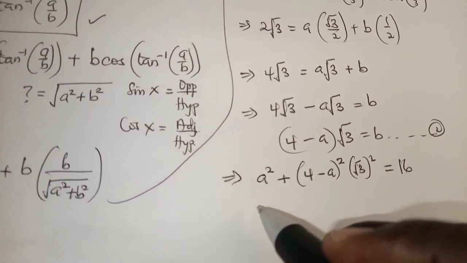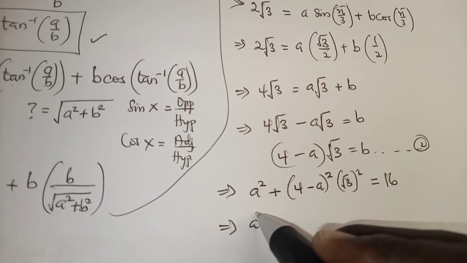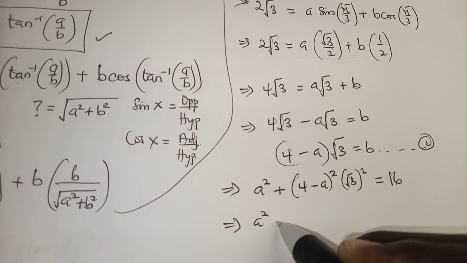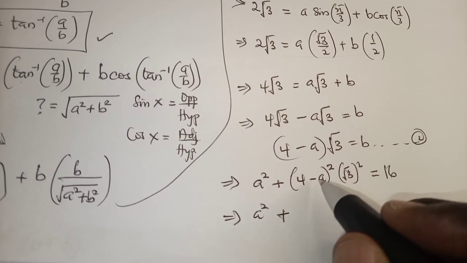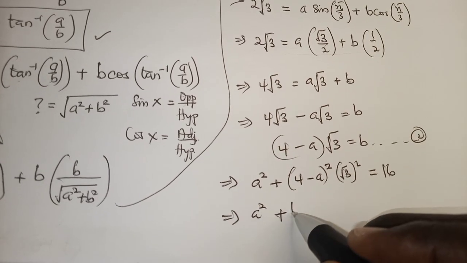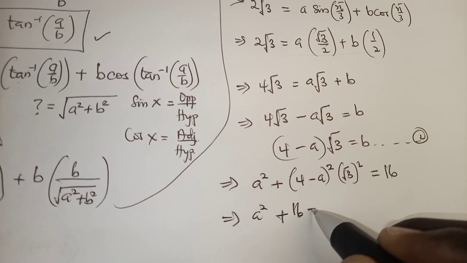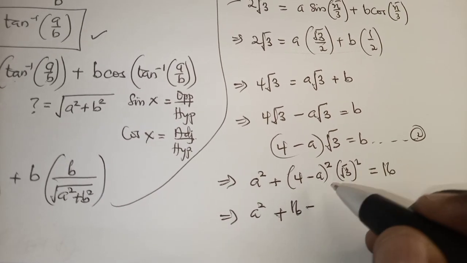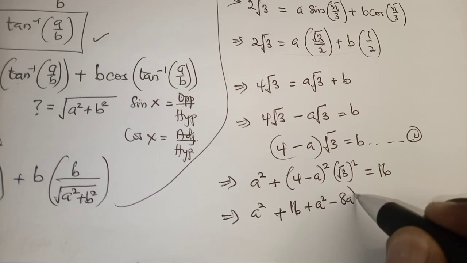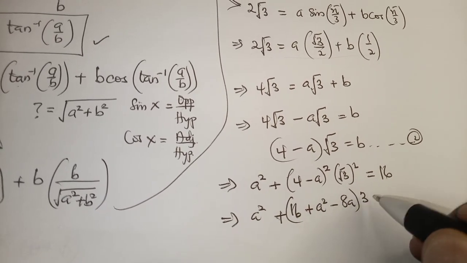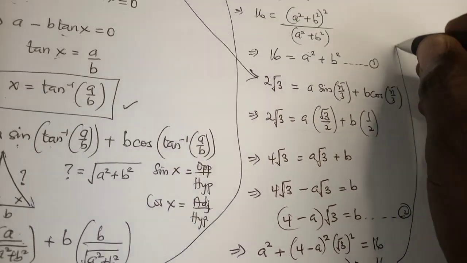Then we expand this, so this implies that a square plus, opening the brackets, binomial expansion here, 16 minus 8a plus a square, all multiplied by 3 equals 16.